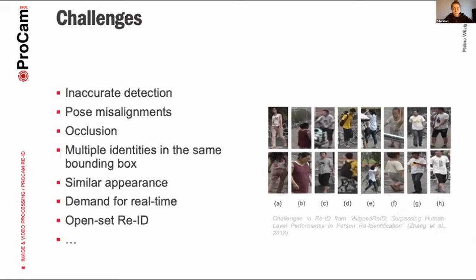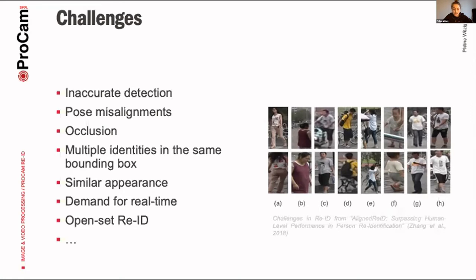Another problem or challenge is that bounding boxes overlap, so there are different identities within a bounding box. Persons might be occluded by other objects, as shown in F here, and we might just simply have similar appearances, so people looking very much alike.